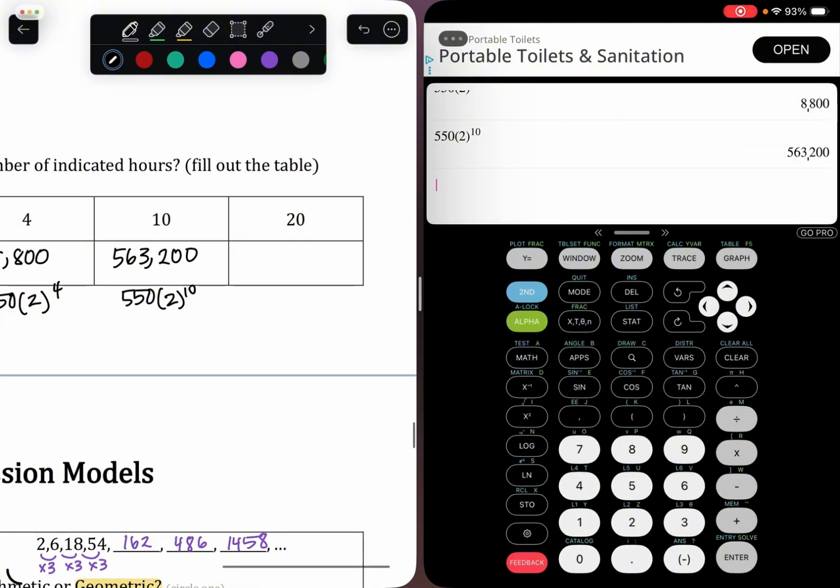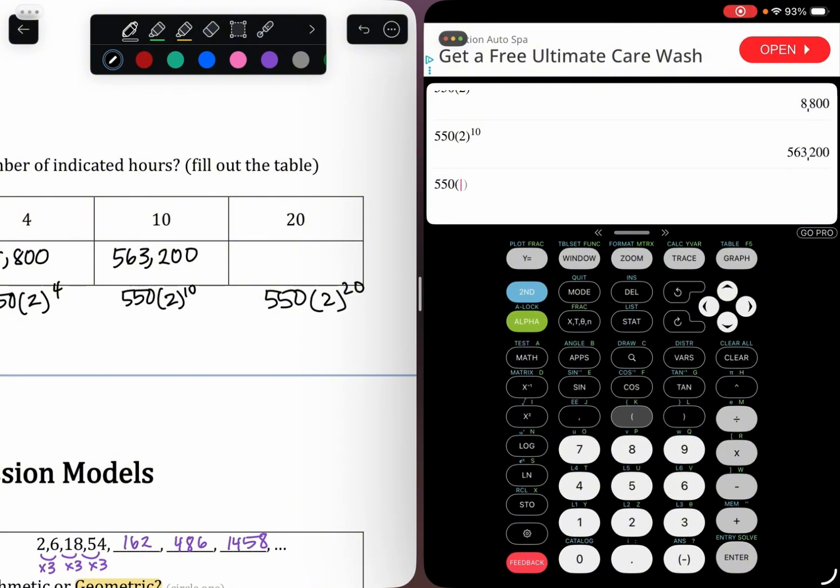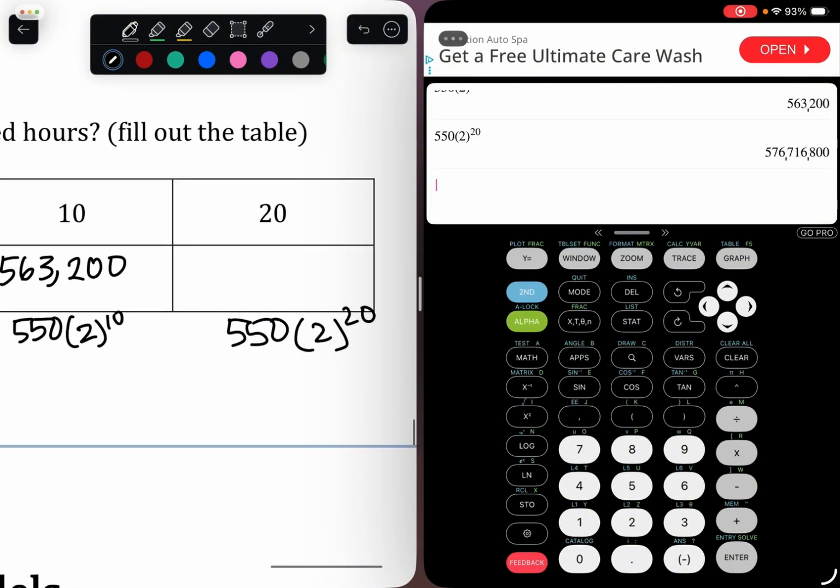And then after 20 hours, we have multiplied this by 2 20 times, which is 576,716,800 bacteria.